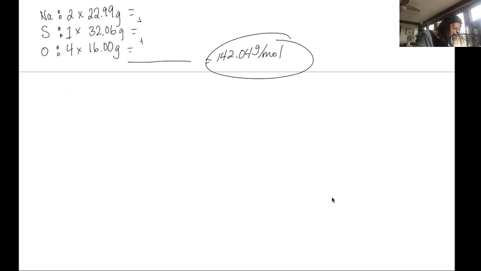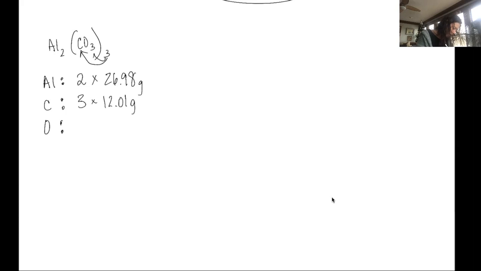Let's say that we have aluminum carbonate. All right, we need to know the molar mass. So we've got aluminum. There are 2. Each aluminum is 26.98. Carbon, I have 3. Each weighs 12.01. Oxygen, I have 9. Each weighs 16.